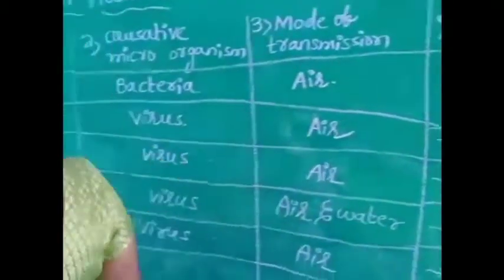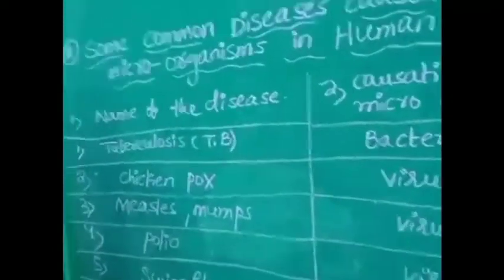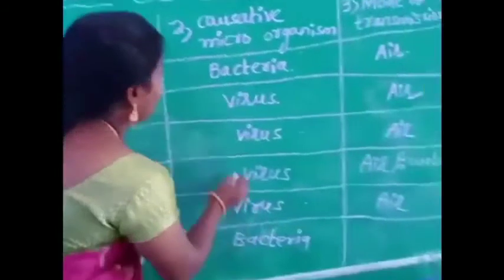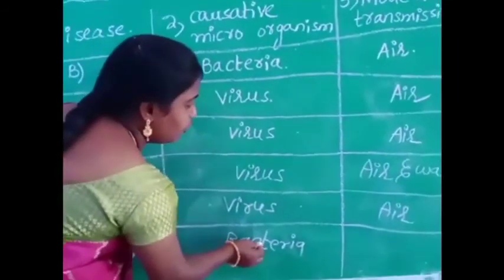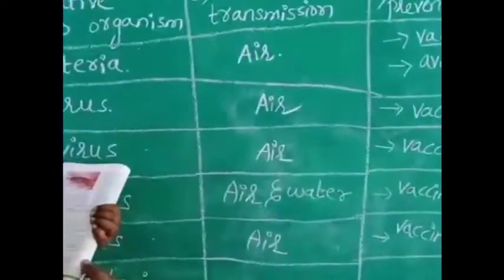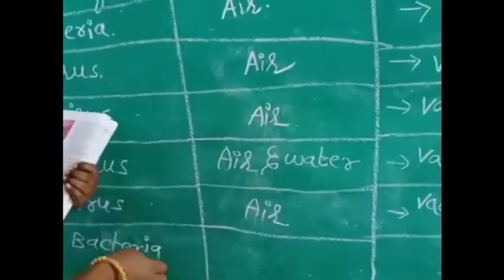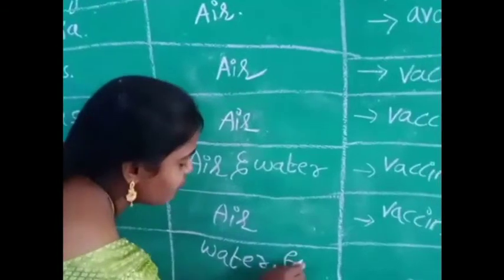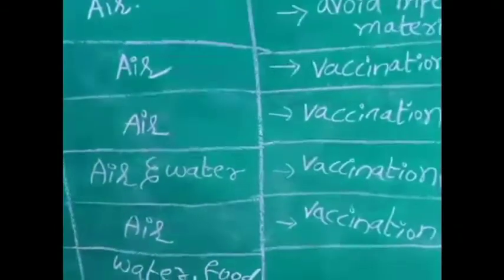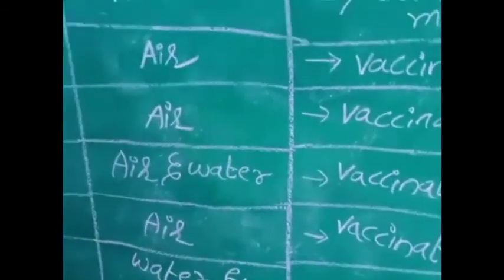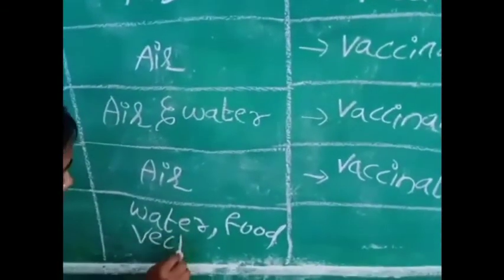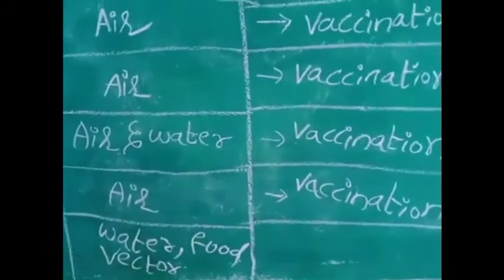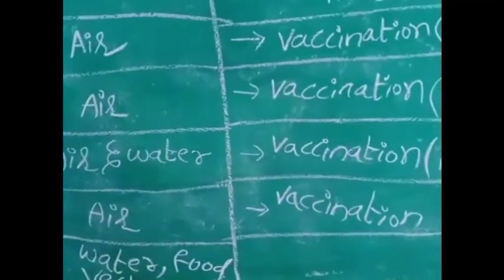Next, the sixth one, cholera and typhoid. Cholera and typhoid are caused by bacteria. How are they spreading? Through water, food, and vectors like the housefly. How can we control cholera and typhoid?